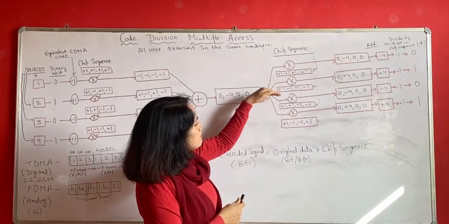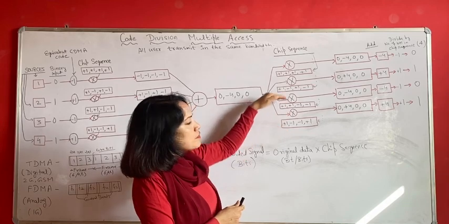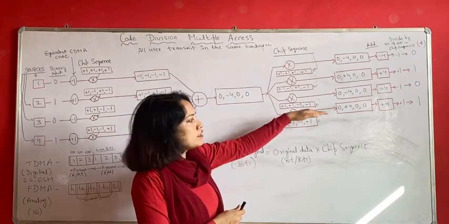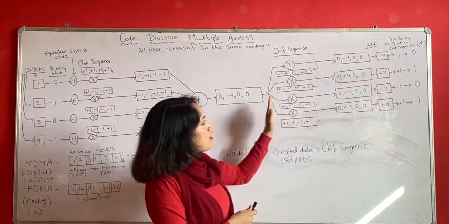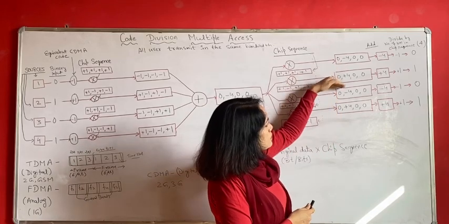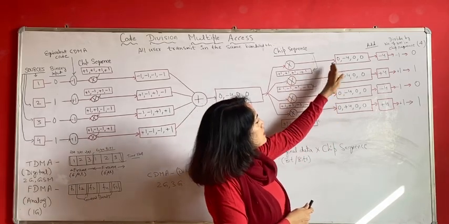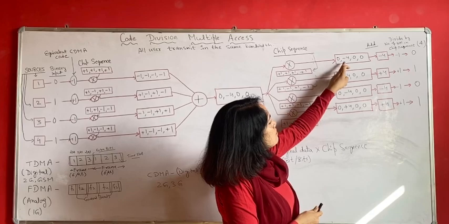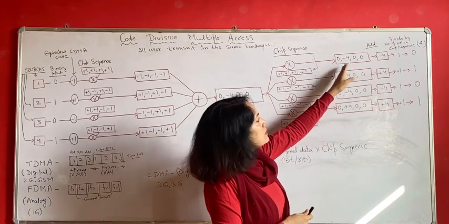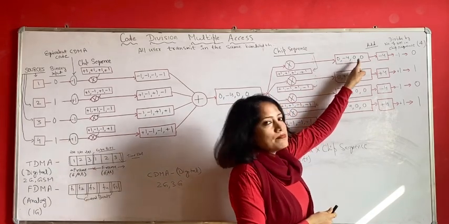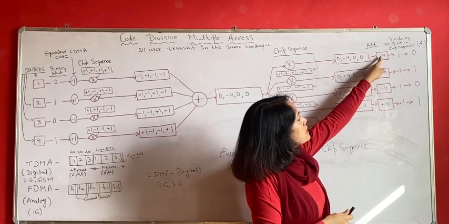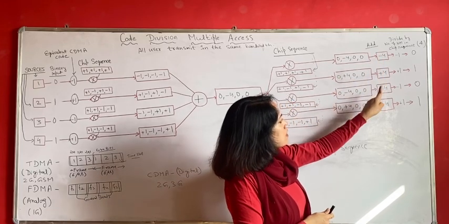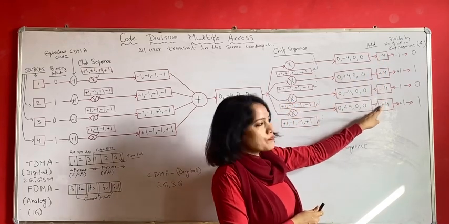The same procedure is then done for the rest of the sources. After this we get these 4 sets of data. In the first set we have 0, -4, 0, 0. In the next step we have to add all these bits. So the result is -4 in this case, here +4, -4 and +4.